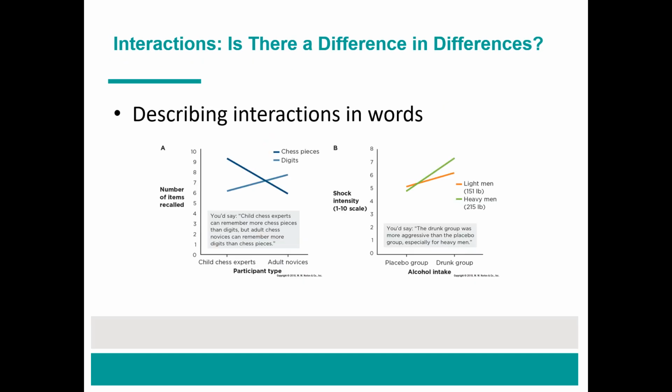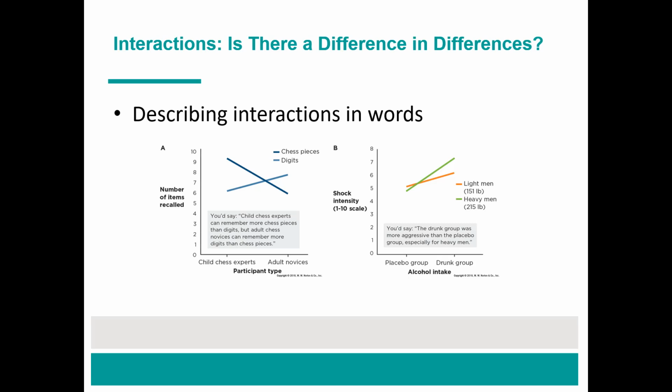When describing an interaction in words, you should start with one level of independent variable 1 and explain what is happening with independent variable 2 at that level. Then move to the next level of independent variable 1 and do the same thing. This approach is depicted in the graph and description on the left.